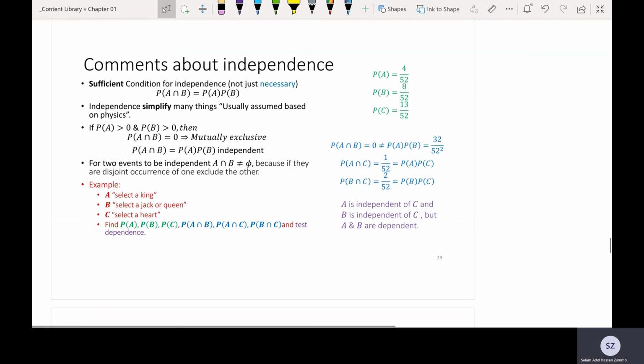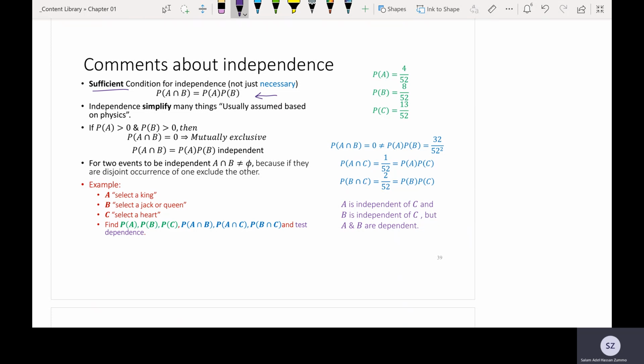Now let's talk about independence and an example. Independence is what we call sufficient but not necessary. So if the probability of A intersect B happens to satisfy this, it's sufficient but not necessary. It could happen that the probability works out in numbers so that this is satisfied, but they won't be independent.